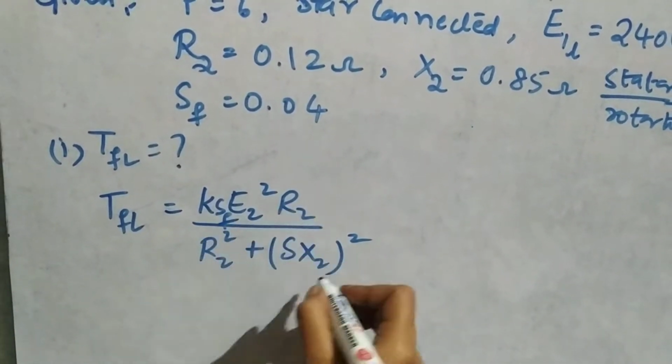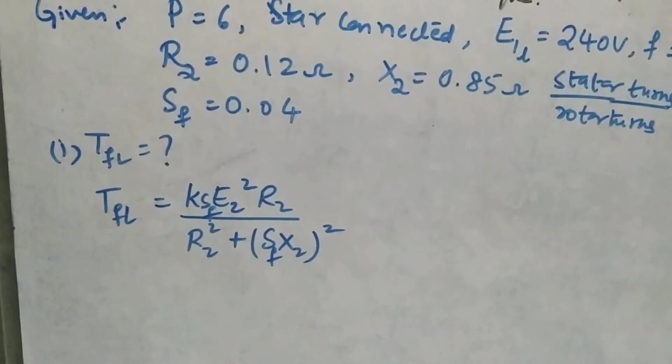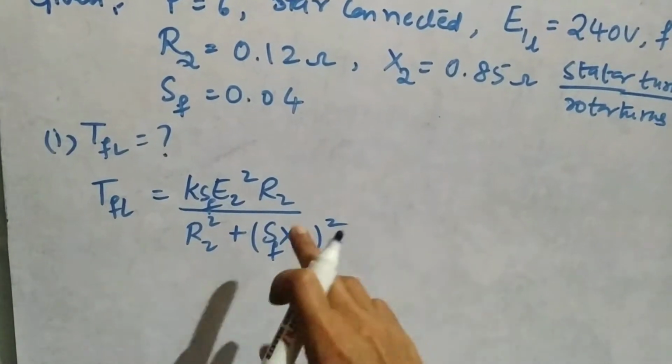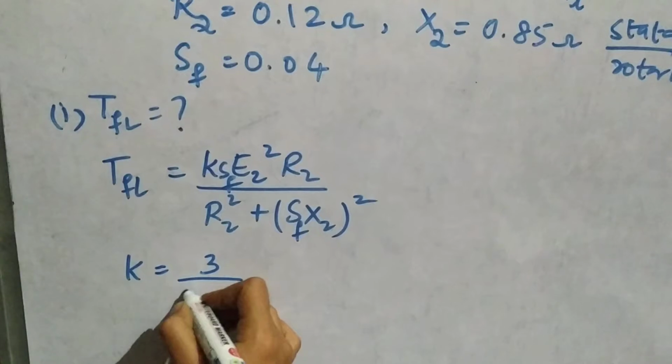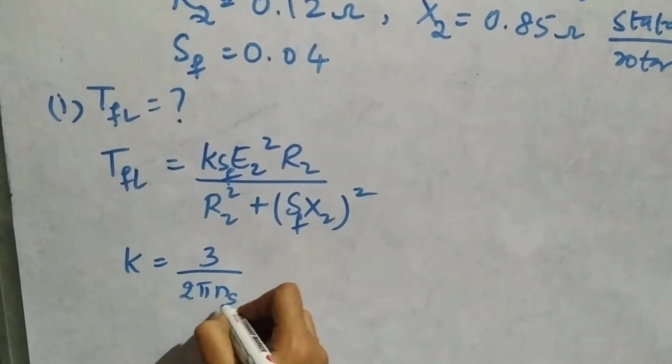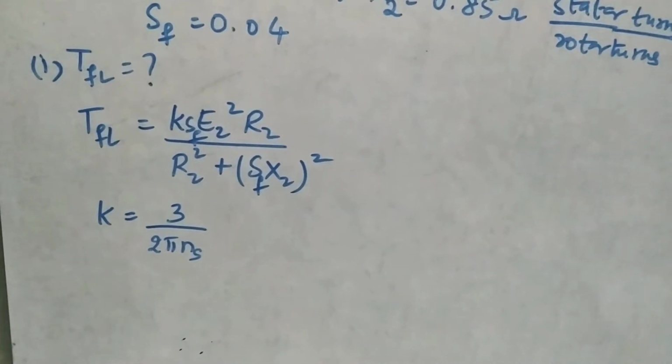Since it is full load, take SF. Here, what is K? K is equal to 3 divided by 2 pi small ns. Let us solve one by one.